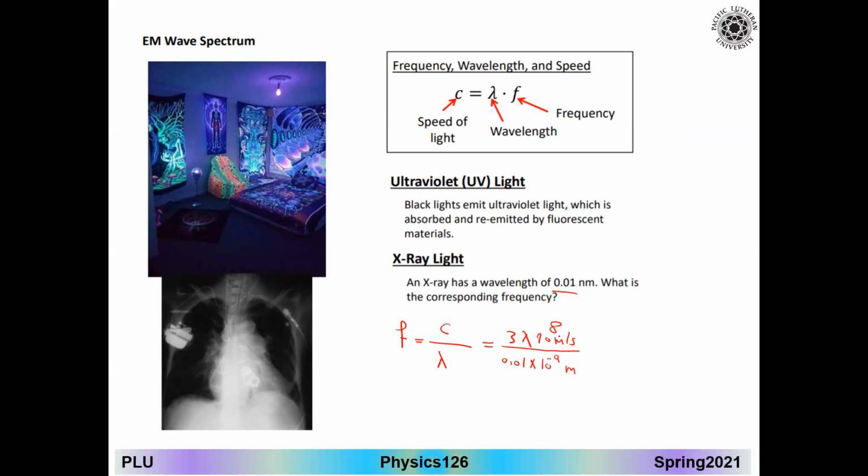The meter cancels with the meter, and you end up with 1 over S. That value is 3.0 power to the 19 hertz. So it is a very high frequency. This is this kind of application for the electromagnetic wave spectrum.